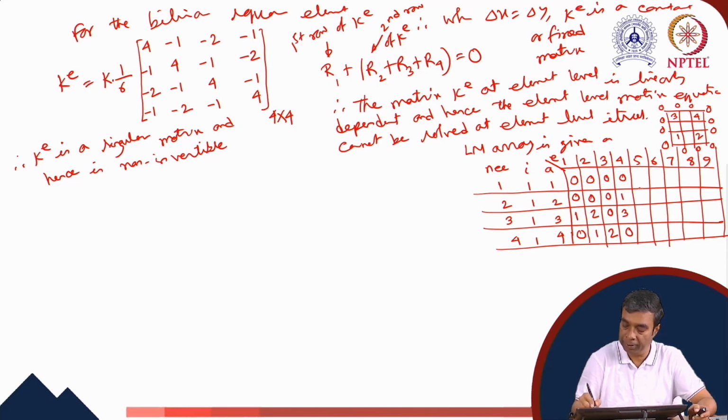For the fifth element, this is 1, 2, 4, 3. For the sixth element, it is 2, 0, 0, 4. For the seventh element, it is 0, 3, 0, 0. For the eighth element, this is 3, 4, 0, 0. And finally, for the ninth element, these equation numbers are 4, 0, 0, 0.